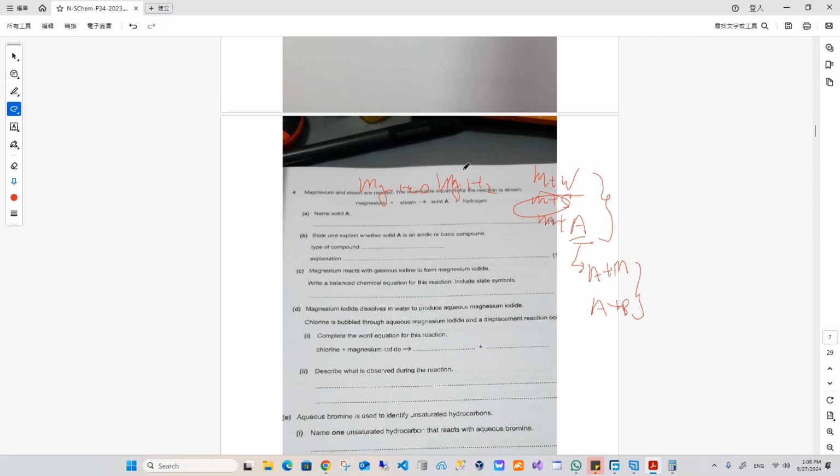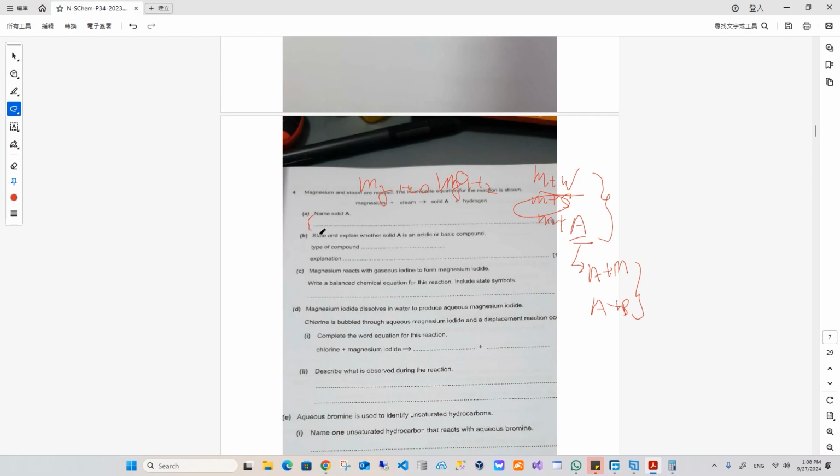Magnesium hydroxide cannot be; it has to be magnesium oxide. I also forgot magnesium with steam. I just don't know first. Leave it here and see whether I get any hints later.